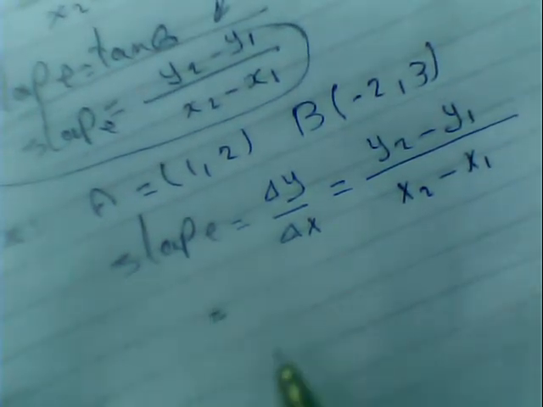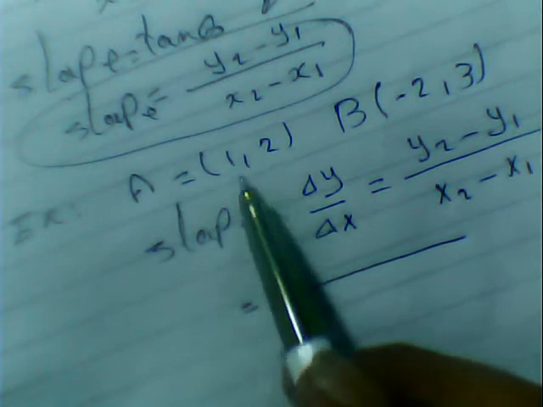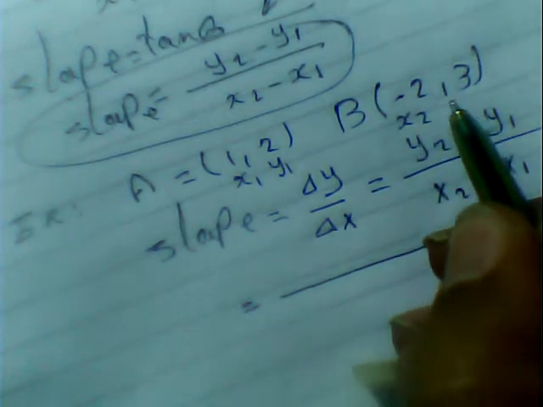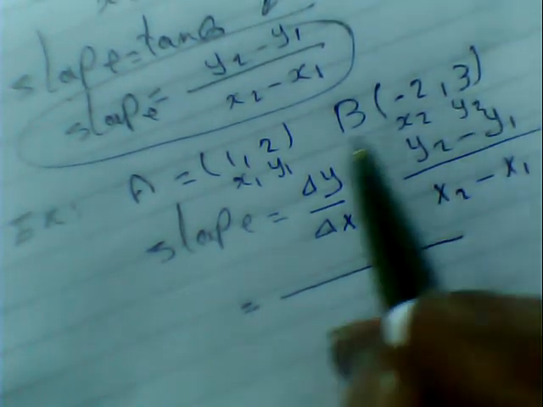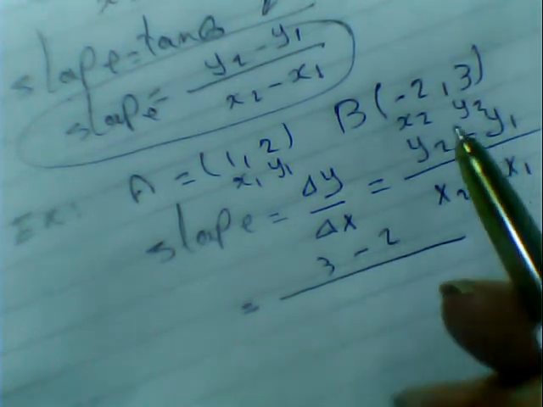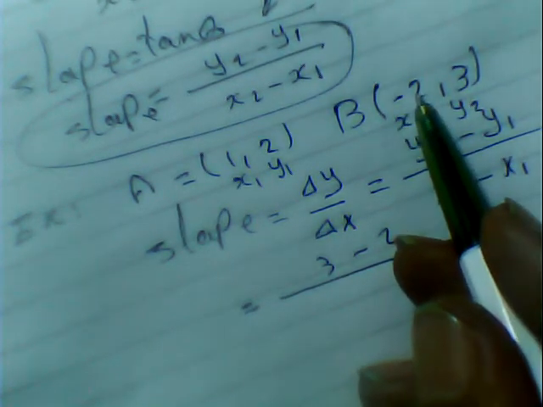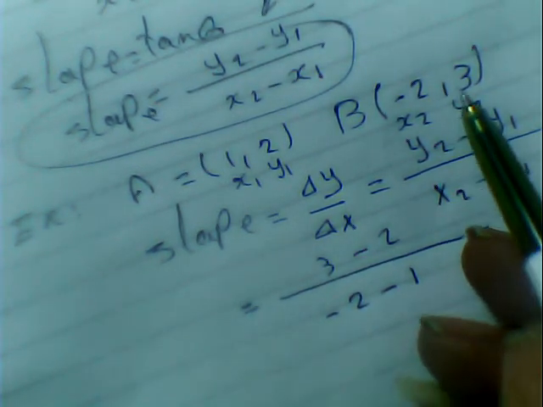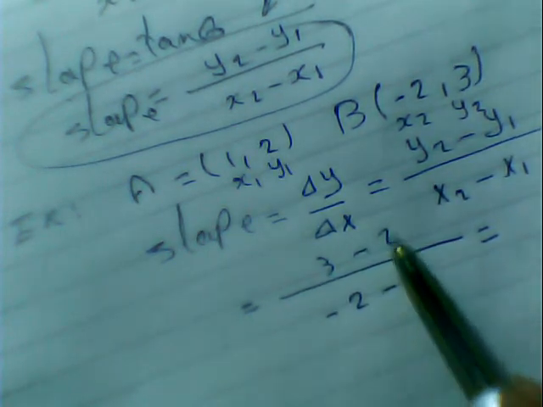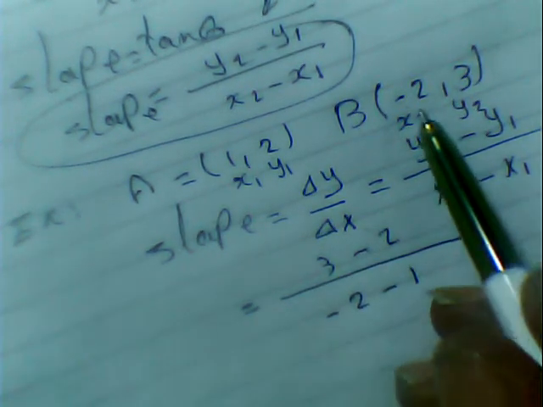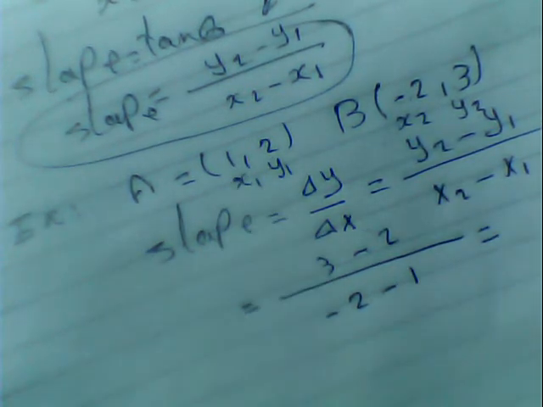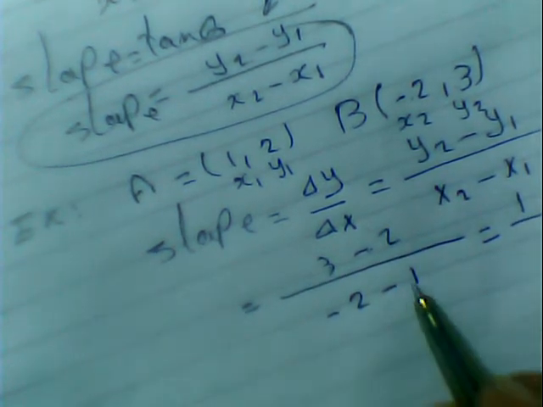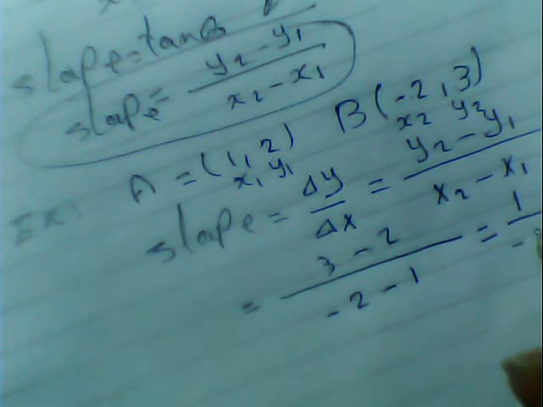That means the slope, from 2 points x1 y1 and x2 y2, equals 3 minus 2 over minus 2 minus 1. 3 minus 2 is the change of y, and minus 2 minus 1 is the change of x. 3 minus 2 equals 1, and minus 2 minus 1 equals minus 3.